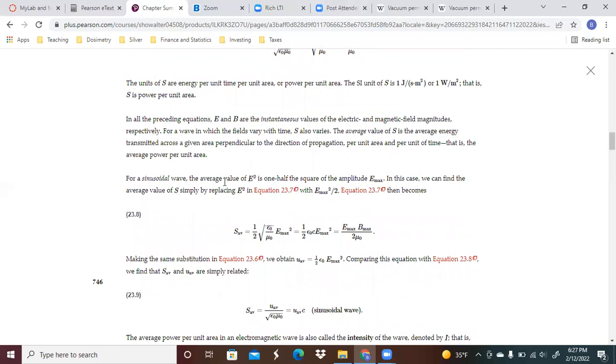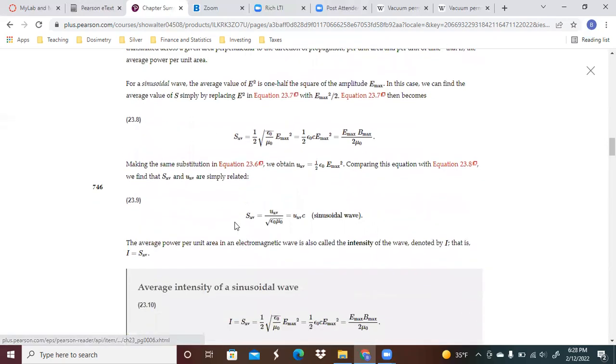So for a sinusoidal wave, the average value of E squared is 1/2 the square of the amplitude E max. And so in this case, we can find the average value by replacing this with that. As it turns out, these are the equations that we come up with. If we make some more substitutions, we find out that our average energy density turns out to be this.